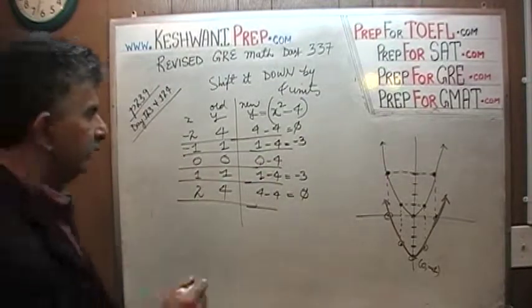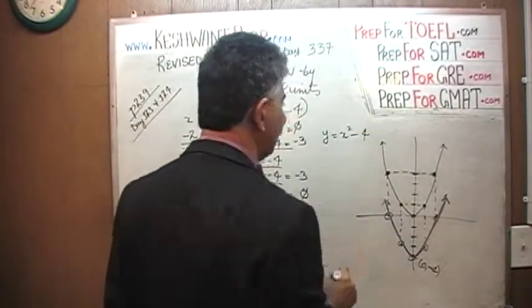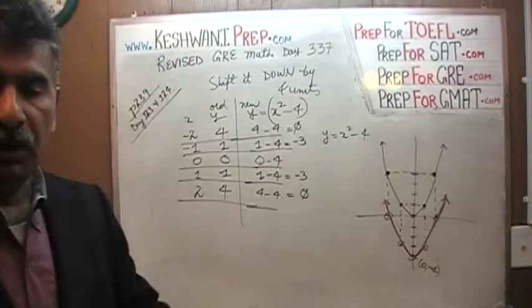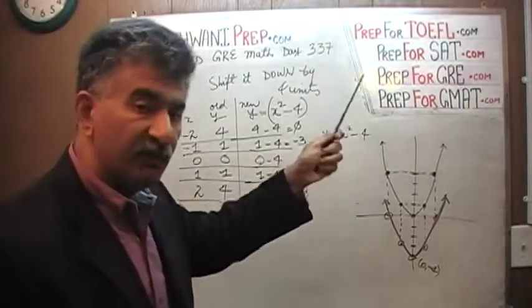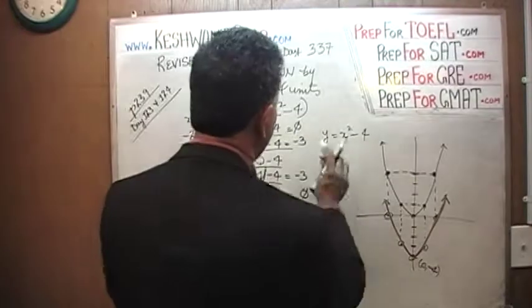So if you shift it, here's our equation here, y equals x squared minus 4. If you shift it down, instead of 4 units, if we shift it down by 2 units, where can we put it?